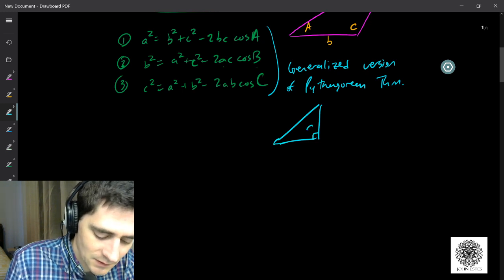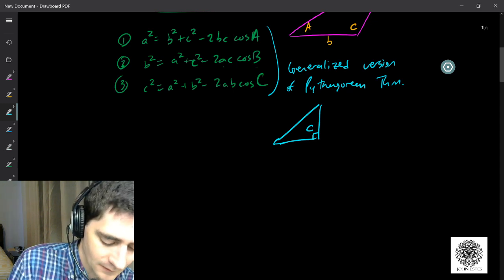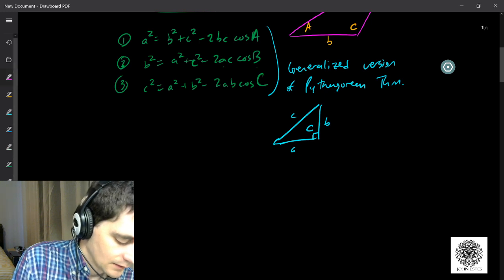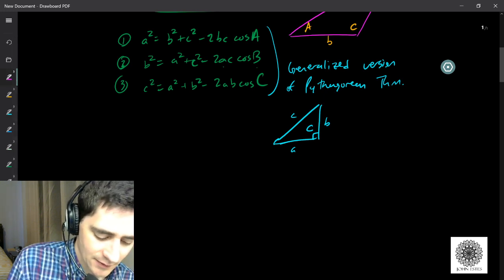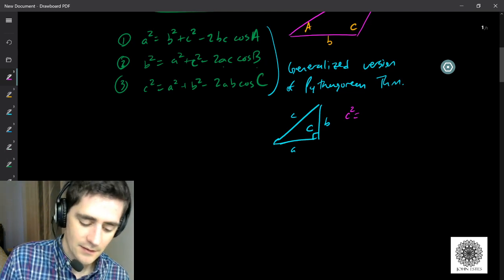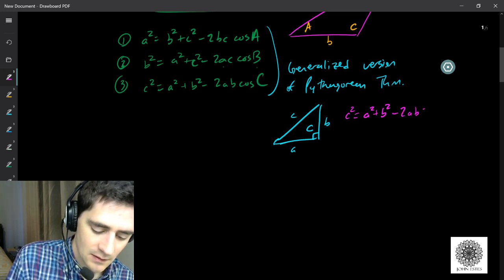Okay, so let's let this be angle C. So here we have C, A, and B like that. Then the law of cosines says that you'd have c squared, which is my hypotenuse here, is the same thing as a squared plus b squared minus 2ab cosine C.